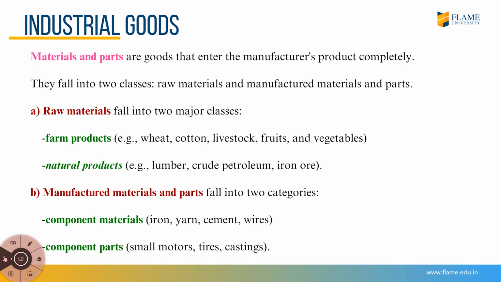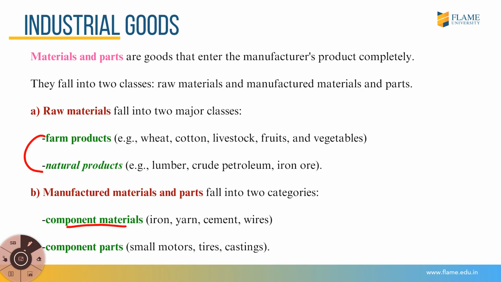Like we saw, farm products and natural products are those which either you have to grow or which are found naturally on Mother Earth, and then you pick it up, you grow it, you mine it and then pass it on. These raw materials move into the manufacturing plants, and from there they are made into component materials.